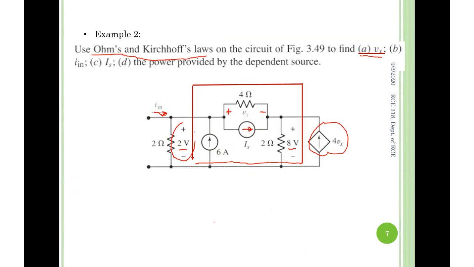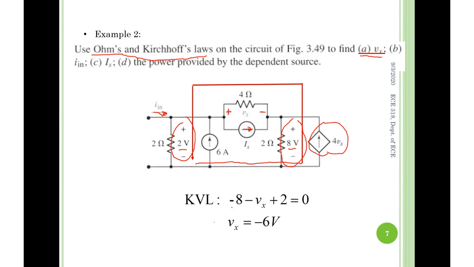One is obviously 2 volts, another is 8 volts, and the third one is our Vx, the unknown. Sum them up according to polarity. This is very, very important. Must be according to the polarity, and then you end up with one equation and one unknown. Does it make sense? You're rotating from here, and you come across the negative of 8 volts first.